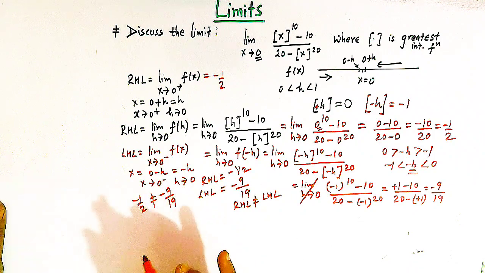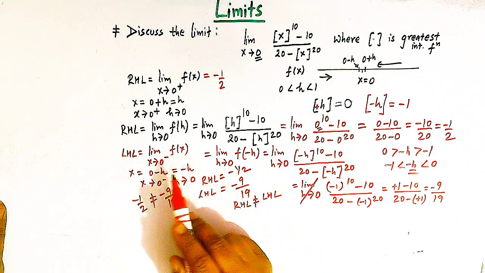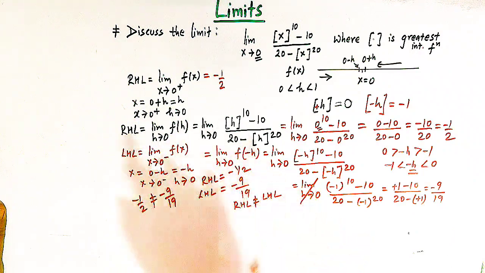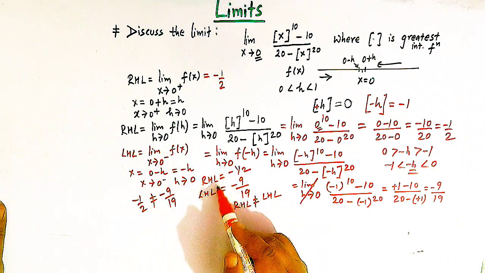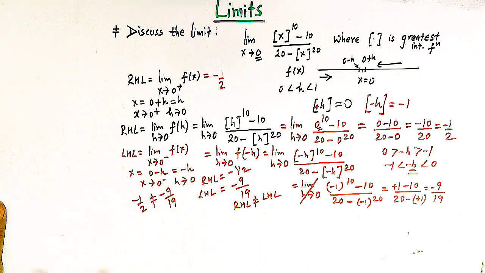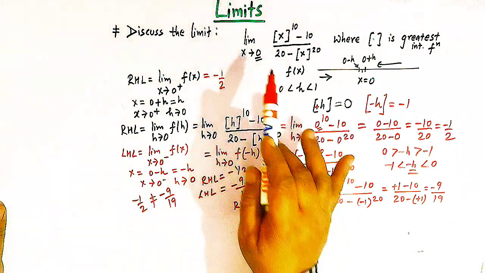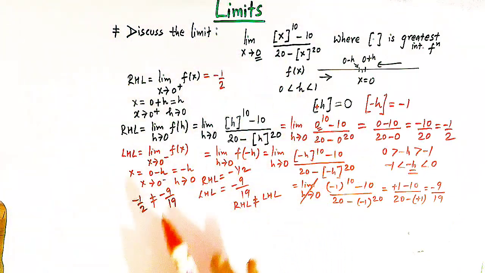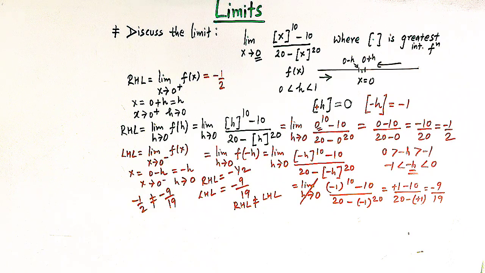And for the existence of the limit of a function at a given point, the right hand limit and the left hand limit should be finite and equal to each other. In this case, although they are finite and exist, they are not equal to each other. So we can safely claim that the limit of this function when x approaches 0 does not exist.